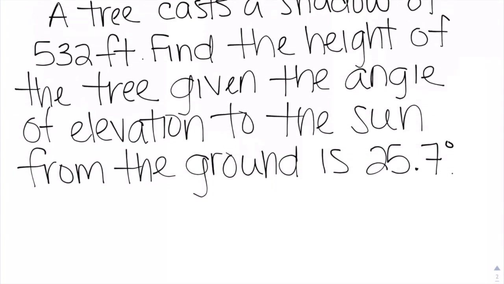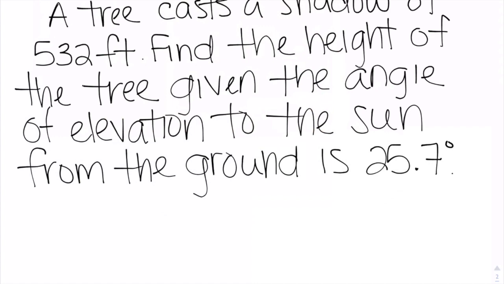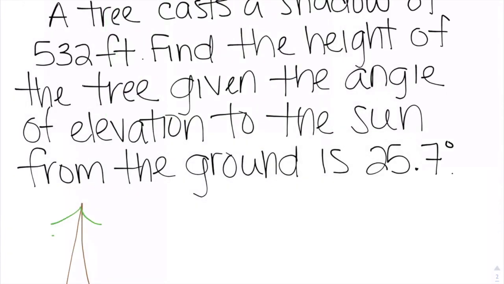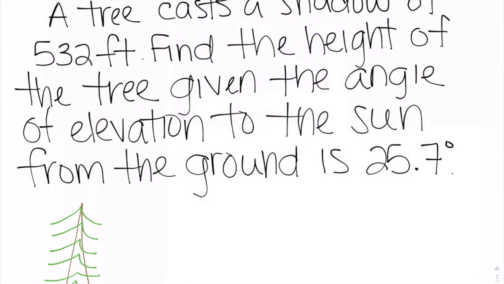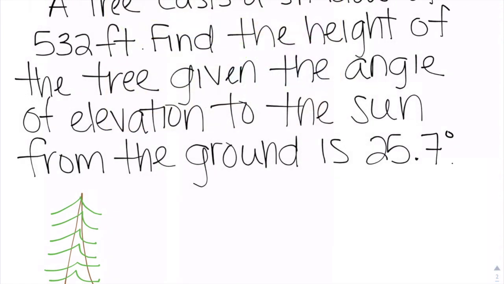So I'm going to draw a picture. So we have a tree. And this tree casts a shadow. And then we have a sun.